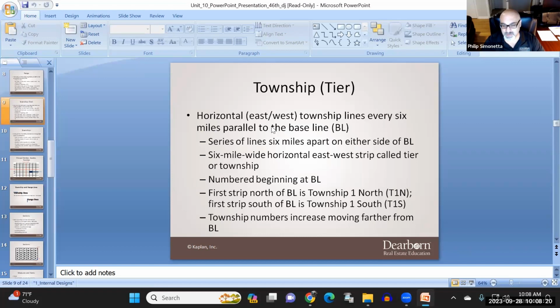The numbers begin at the baseline. So for example, here's the baseline. The first one north will be T1N, T2N, T3N, T4N, same thing. The first one south will be T1 south, T2 south, T3 south, all the way down. Again, the township numbers increase moving further from the baseline.